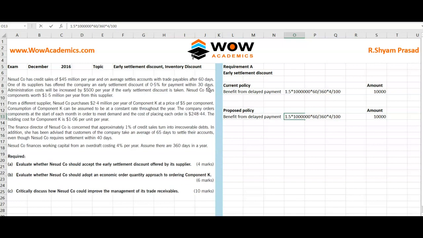So we can't have this number. It will become 30 days and our answer will change here. And also because of this, we'll get a benefit, that is an early settlement discount. So that benefit is how much? We'll be getting 0.55% as the benefit on what number? On the entire purchase.